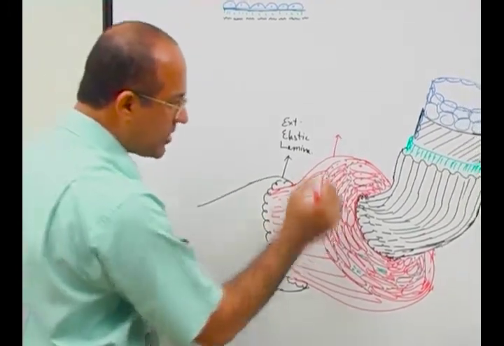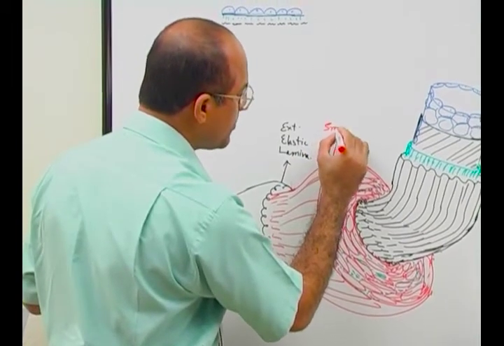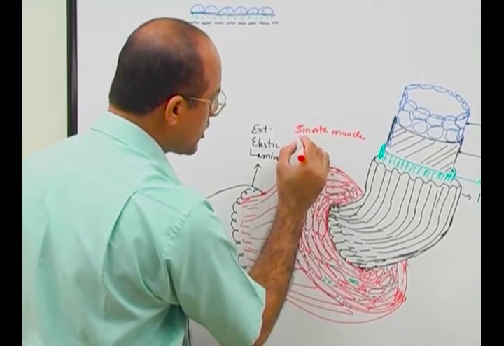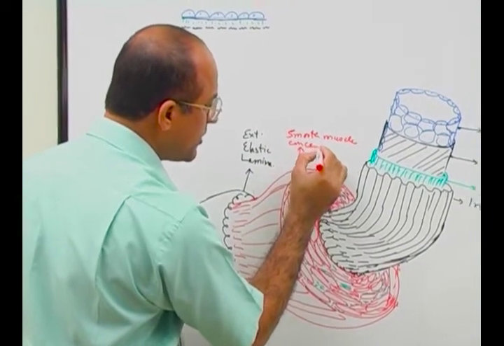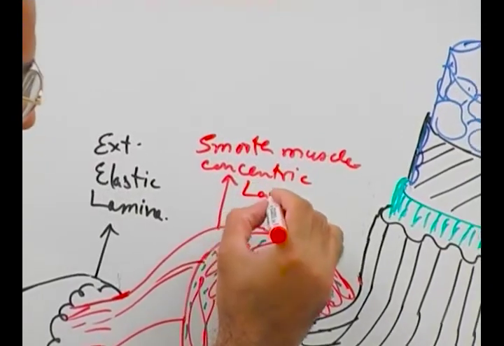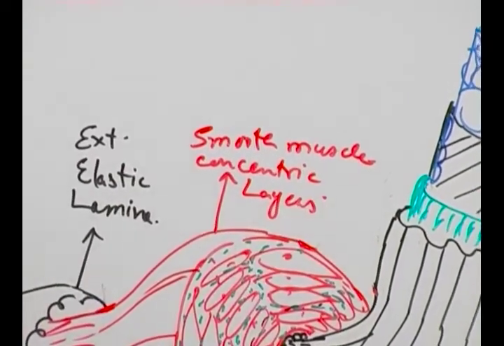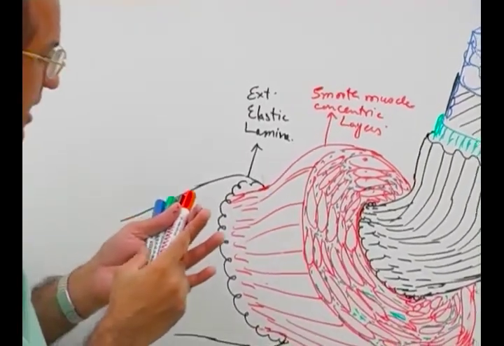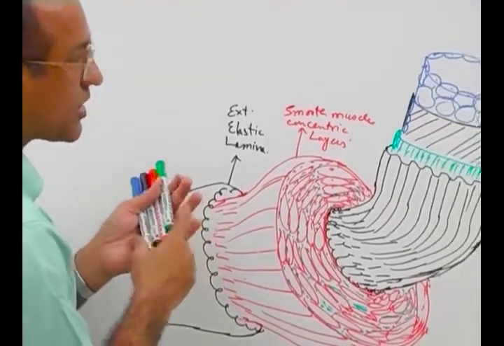Right? So what was this? Smooth muscle, concentric or spiral layers, if it is a medium sized artery, and both of them together are called, what are they called?